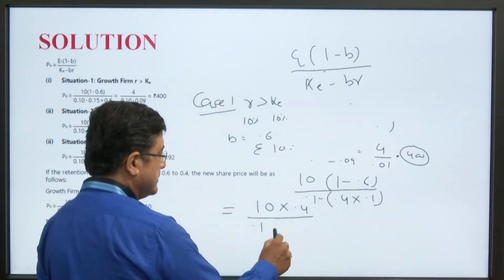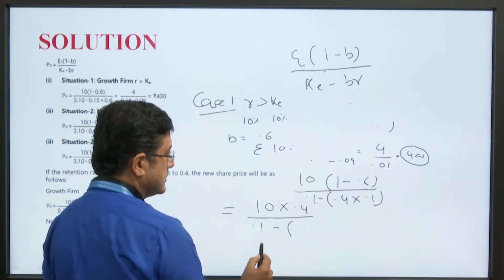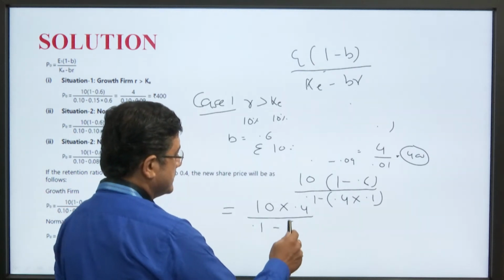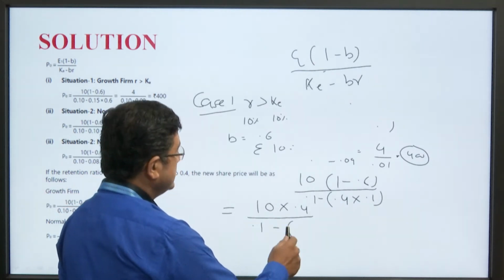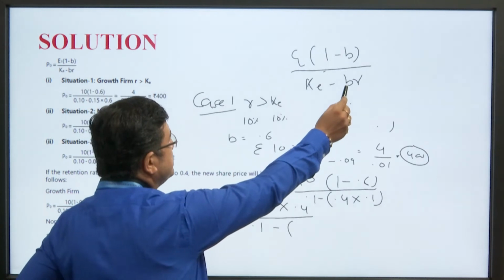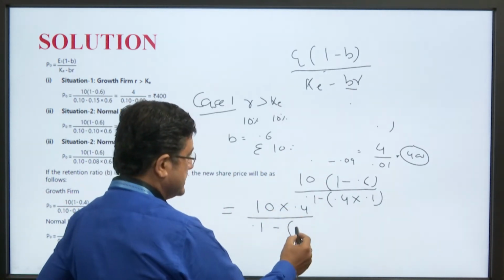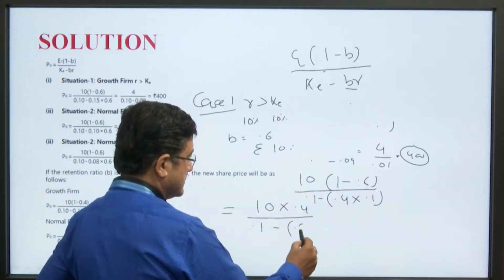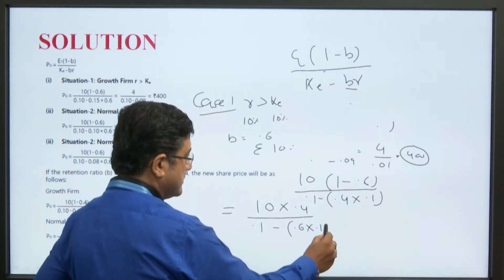K is 10%, minus B into R. So, B is 0.6, R is 0.1.